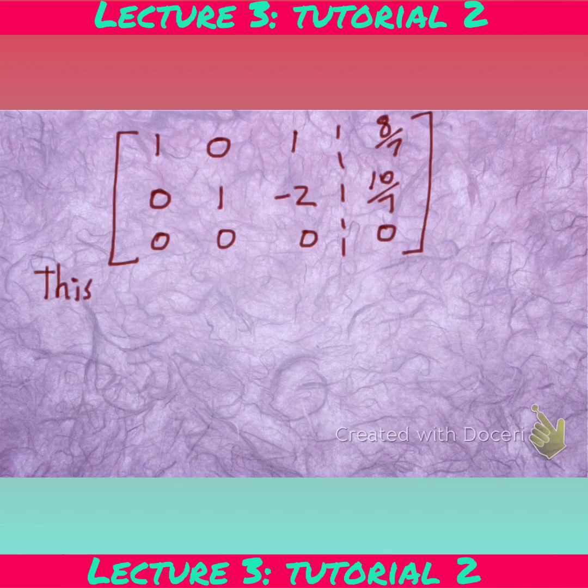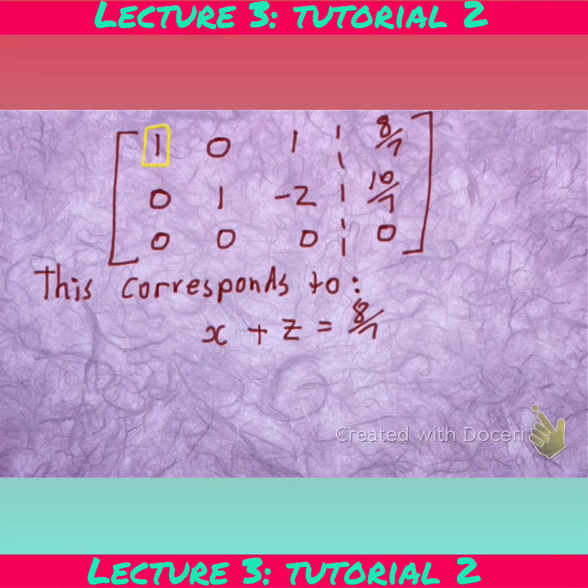Right, so that matrix then corresponds to a linear system of equations, and let's write that linear system down. That corresponds to x plus z is equal to 8 over 7. Also note that the two encircled leading ones correspond to the variables x and z respectively. The second equation becomes y minus 2z is equal to 10 over 7.